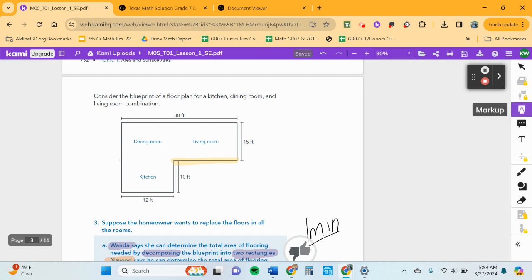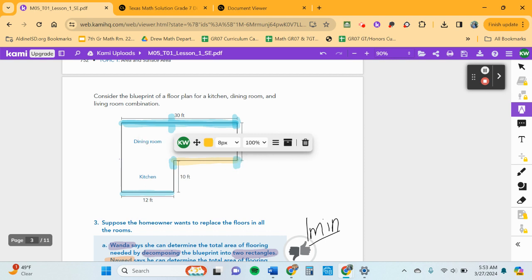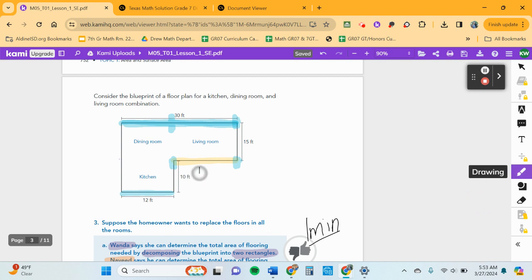So, for an example, if I know that this long edge is 30, and I know that this shorter edge here is 12, well, from here to here is 12. From here to here, I'd have to subtract to figure out what is that missing length. Well, 30 minus 12 gives us 18. So I know that this side is 18 feet. All right, I just helped you out a little bit, but you still do have one more side to figure out on your own.